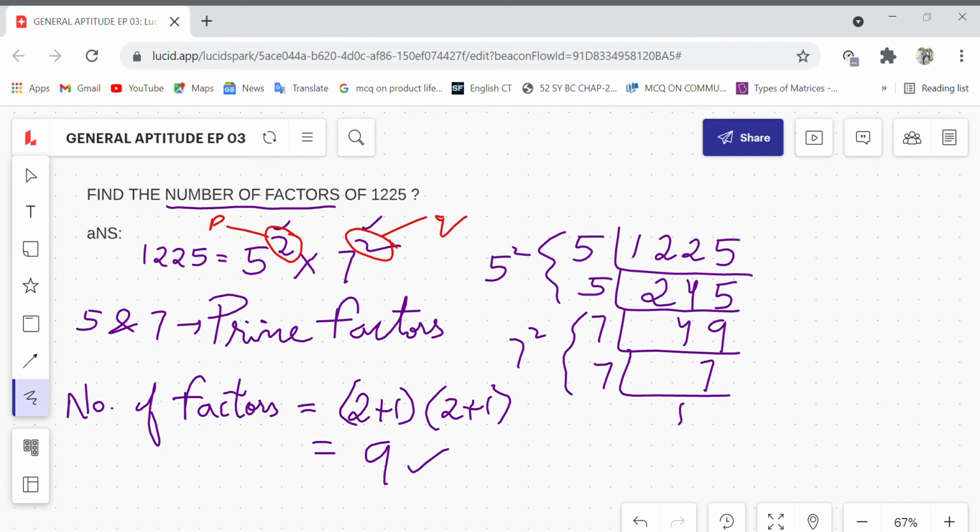So the number of factors is p plus 1 into q plus 1. As there is no r, no need to write more, 2 plus 1 into 2 plus 1 is 9. So now you take a screenshot.